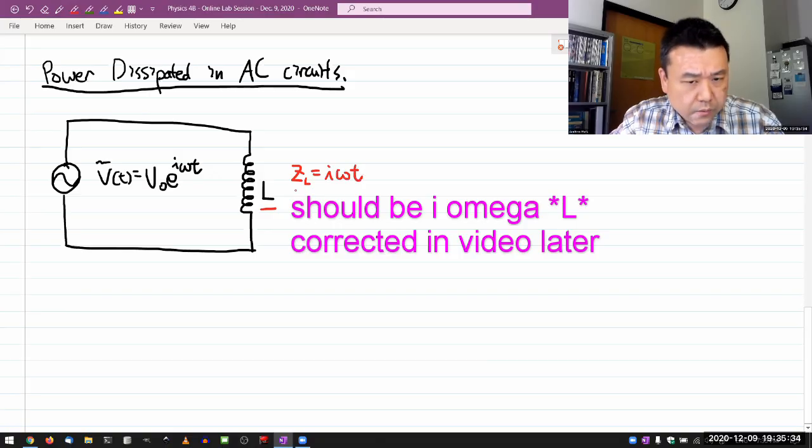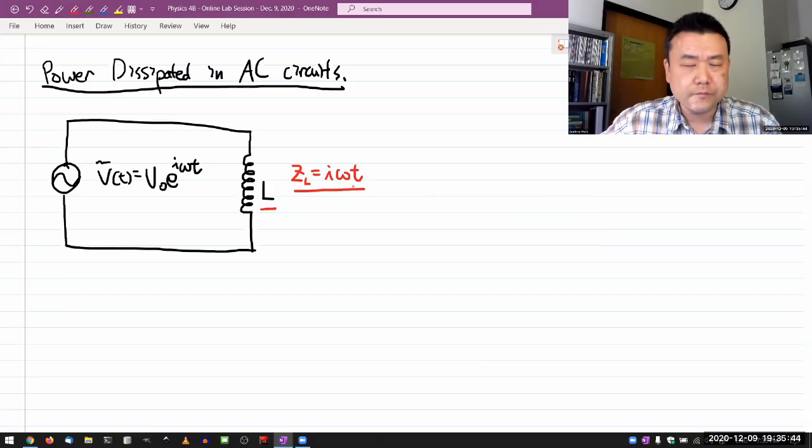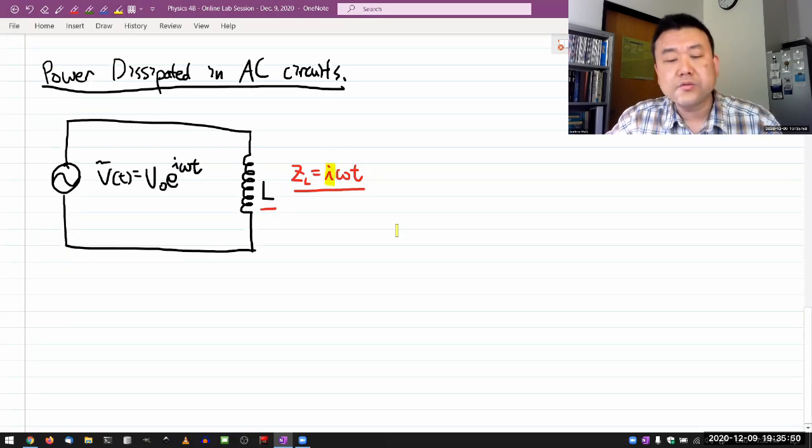By the way, for those of you who might be taking electrical engineering courses later, what we physicists do is usually somewhat different from what electrical engineers do. I use lowercase i to mean imaginary number, and I never use it for current.